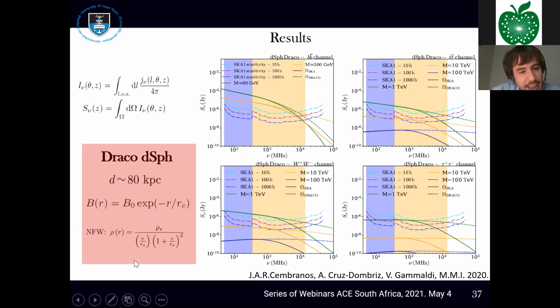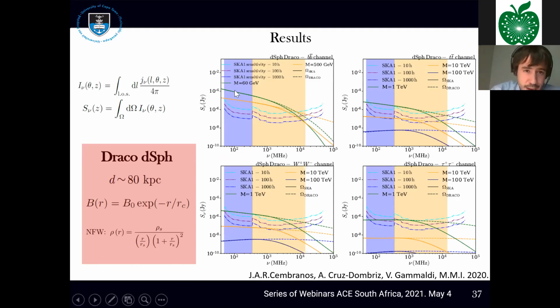The dark matter we consider in our work is the Navarro-Frenk-White halo. Although we took into account some other targets, this result is for the Draco dwarf spheroidal at 80 kiloparsecs away.